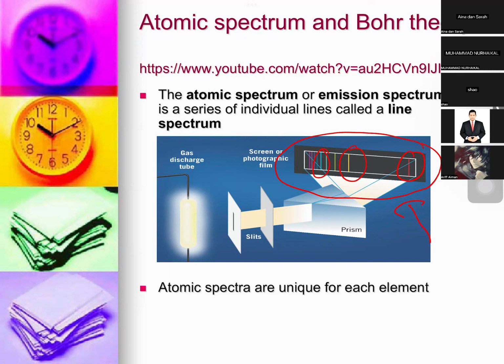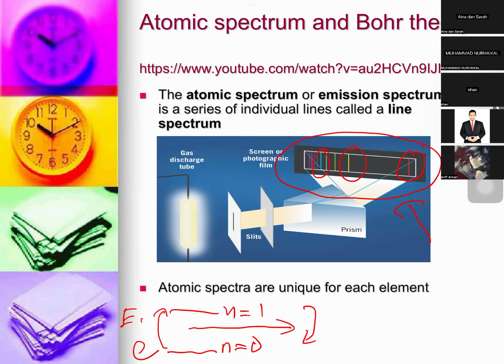So the process just now, let's say n equal to 0, n equal to 1, and then we talk about the electron. The electron is excited with certain energy. Once the electron goes down, you will have a photon with certain energy, which is equivalent to the energy that you have given. So this is how you get the lines.